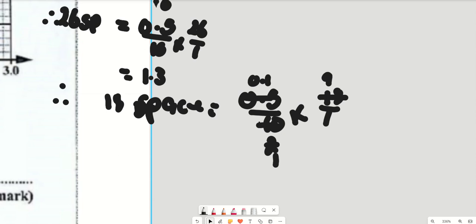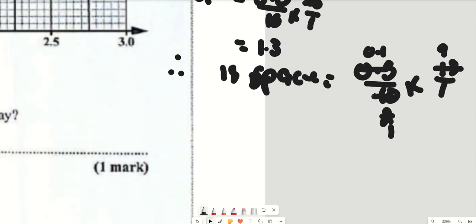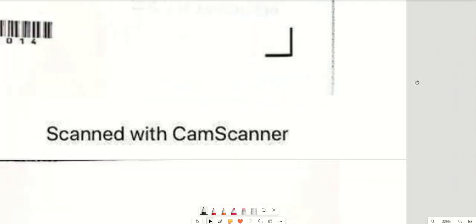So 18 spaces is actually 9 by 0.1, which is 0.9. So how much would your lower quartile be? It would be 0.9 kilometers.